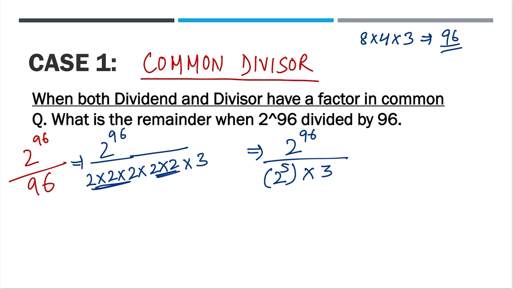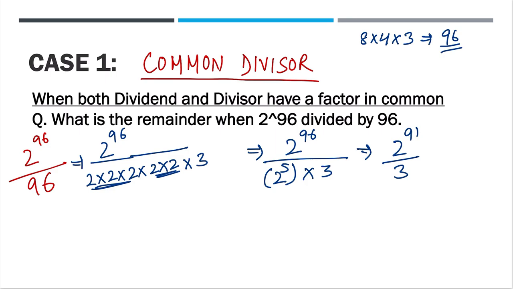Now it is simple division, 2 raised to power 5 and 2 raised to power 96. Can I not remove 2 raised to power 5 from the numerator? Yes. So we are left with 2 raised to power 91 divided by 3. We have removed 2 raised to power 5 from the denominator and from the numerator.